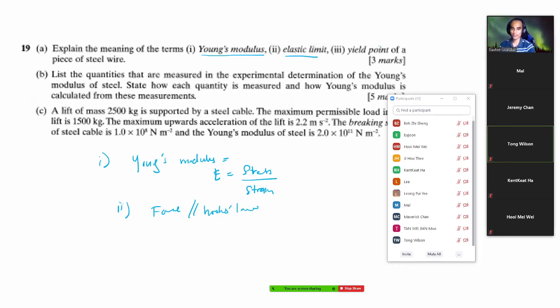Yield point of a piece of steel wire. What is the yield point? Maximum tensile strength that can be sustained by the material before breakdown.